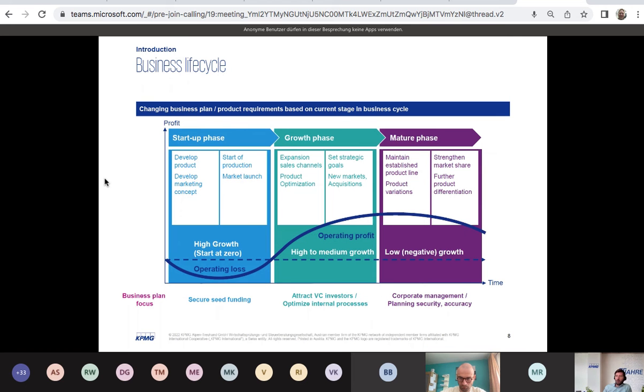So yeah, just keep in mind, a business plan is not only needed for different purposes, but it also looks quite different depending on the business life cycle and the stage your company is in.